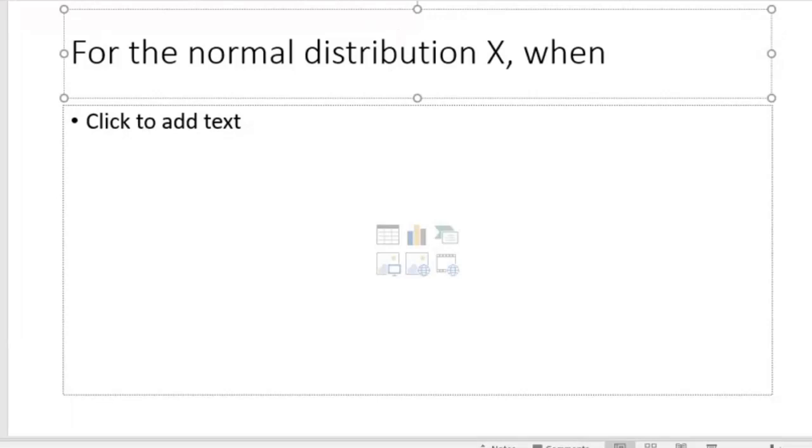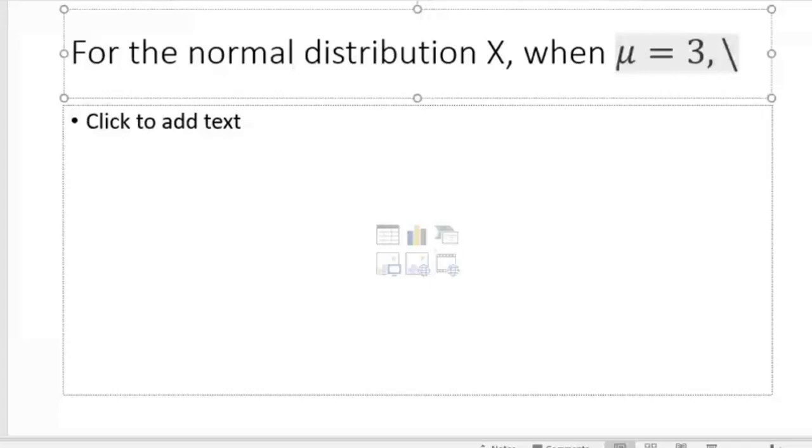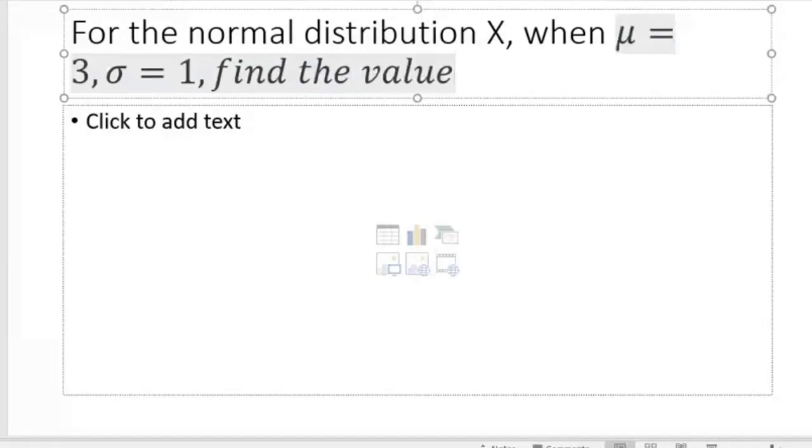equal to some value. What is the value given in the question? Mu equal to 3, sigma equal to 1, and the probability of x should be less than 4.